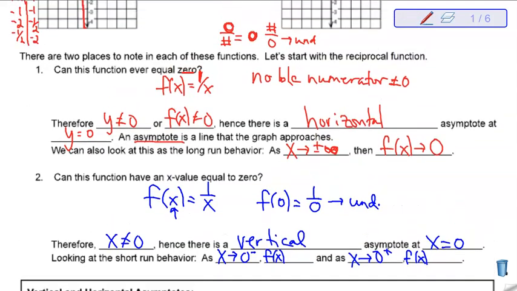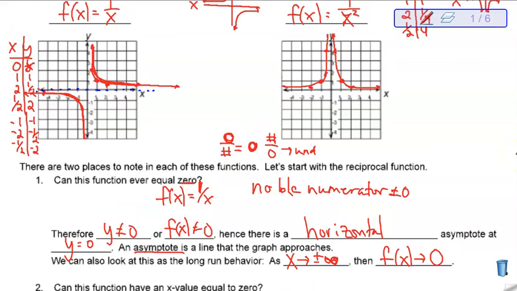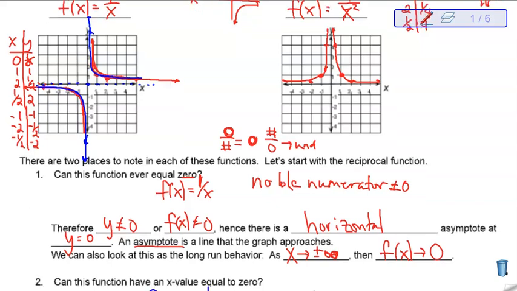Coming from negative infinity and approaching 0, here's my x equaling 0, I'm approaching it from the left. Where are my y values going? They keep going to negative infinity. And as I approach 0 from the right-hand side, from the positives, all those y values keep going to positive infinity.